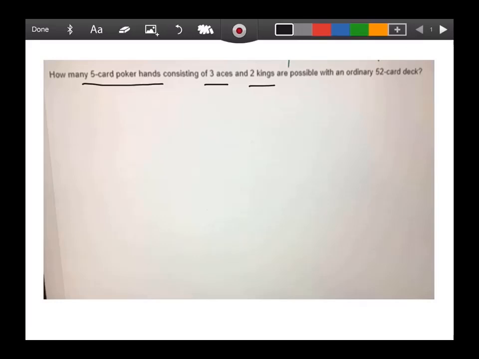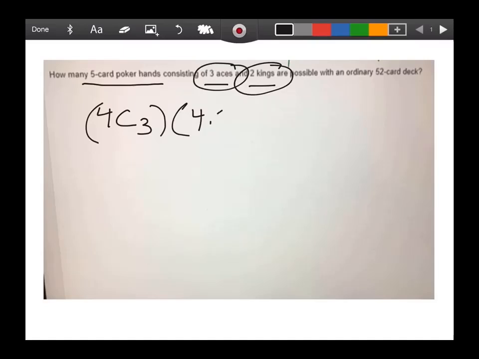First, how many aces are in a deck of cards? Well, we have 4 aces, and we're going to choose 3 of them. Then, how many kings are in a deck of cards? Well, we also have 4 kings, and we're going to choose 2 of them.